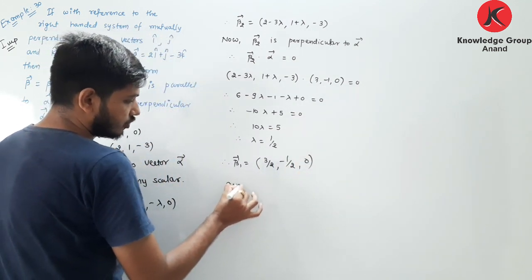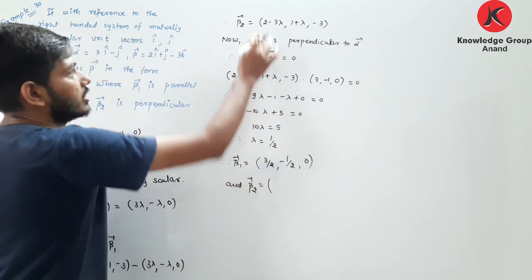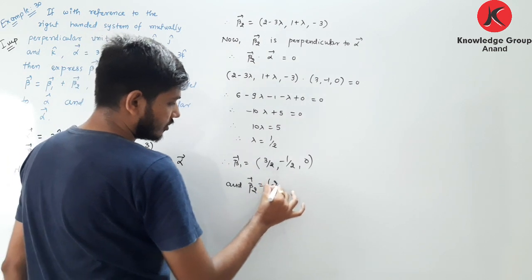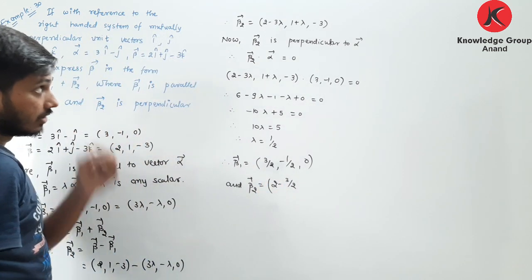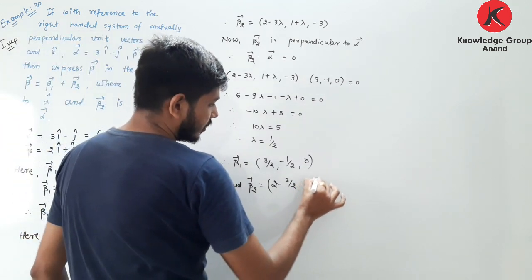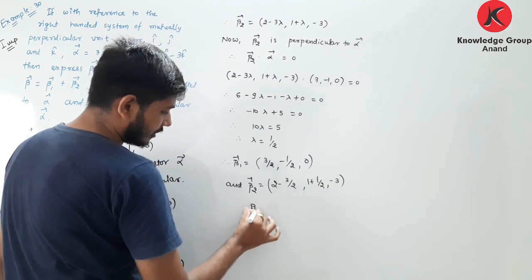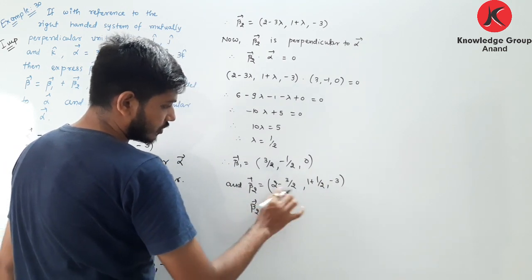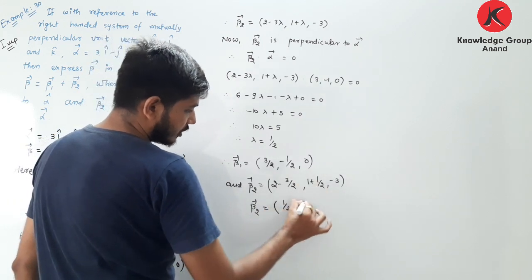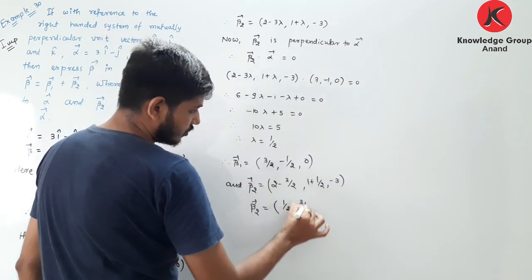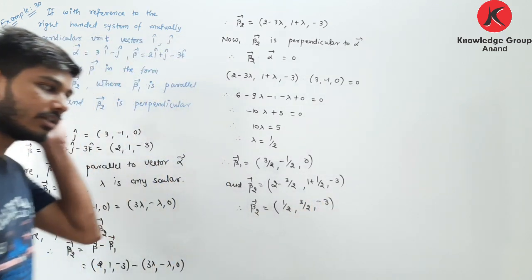And beta 2 vector equals 2 minus 3 into lambda, meaning 3 by 2, 1 plus 1 by 2, and minus 3. Therefore, we are getting beta 2 vector equal to 1 by 2, 3 by 2, and minus 3. This is our beta 2 vector.